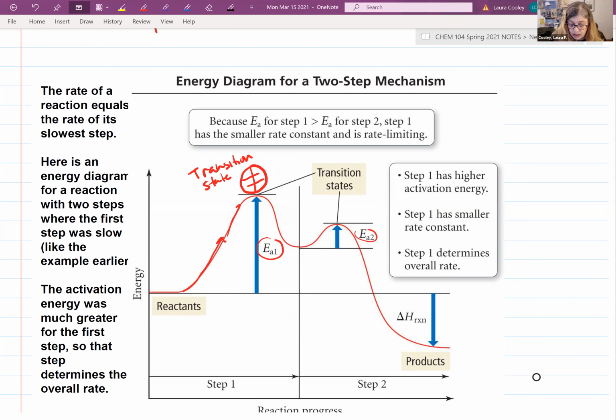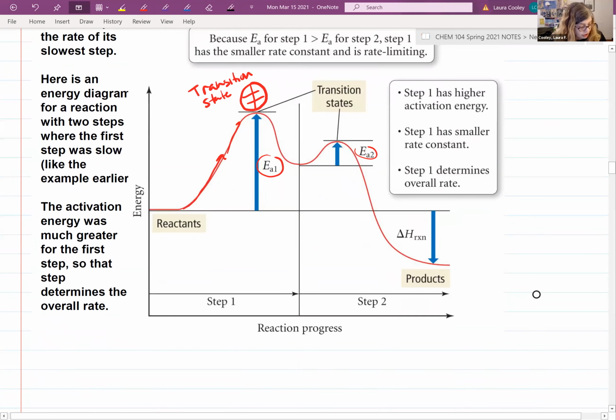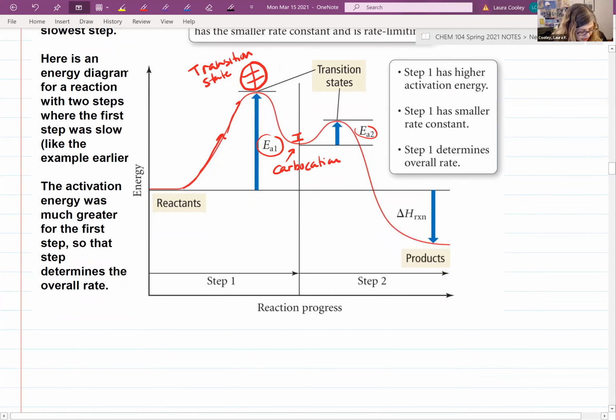So you could think of this diagram as being for the reaction that I just talked about, and forming the carbocation, which will be right here, the intermediate, that carbocation, has a greater activation energy, EA1, than EA2. So step one has a greater activation energy. And when you have a two-step reaction where the first step is slower, then you will see that the first bump goes higher up.